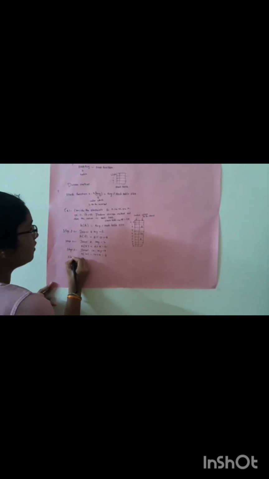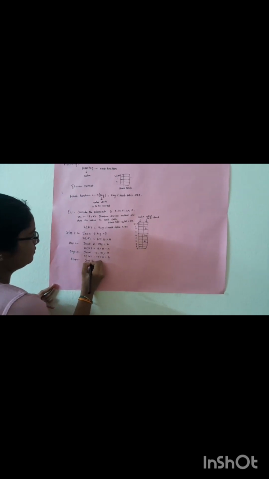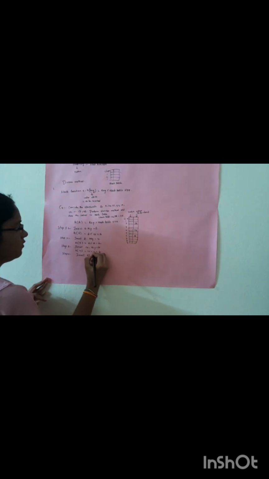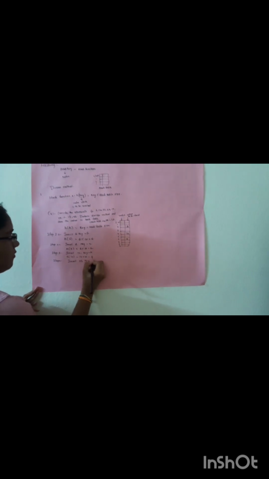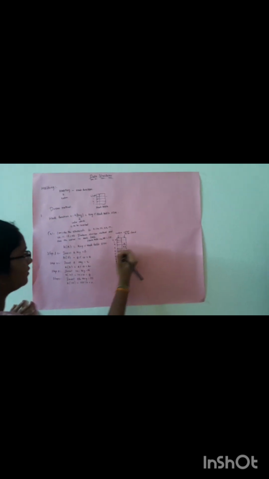Next element is 33. h of 33 is 33 mod 10, which is 3. So 33 needs to be stored at the 3rd index position.